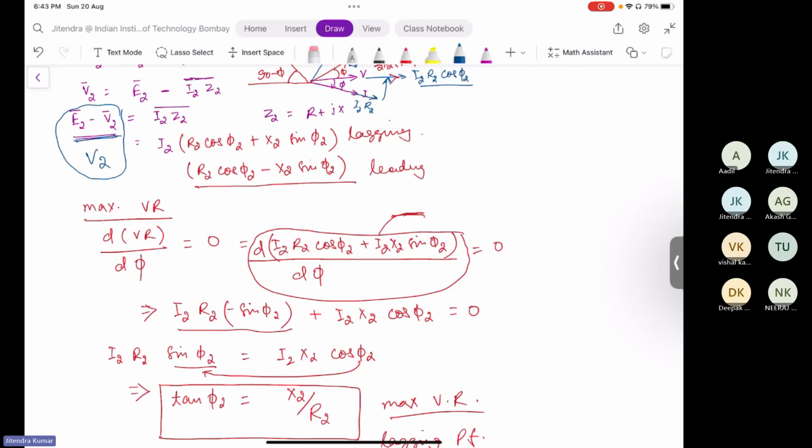So if you divide it by V2, then you will get the percentage voltage regulation. So if you are asked in terms of percentage, you divide it by V2. And the term E2 minus V2 is the drop, so this exact value will come in terms of volts.